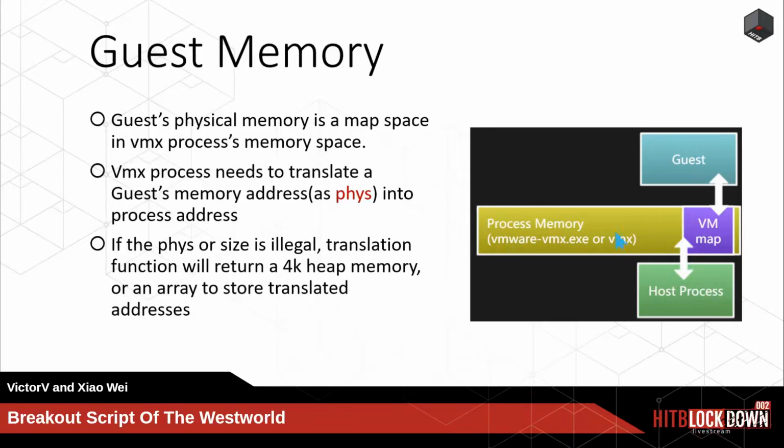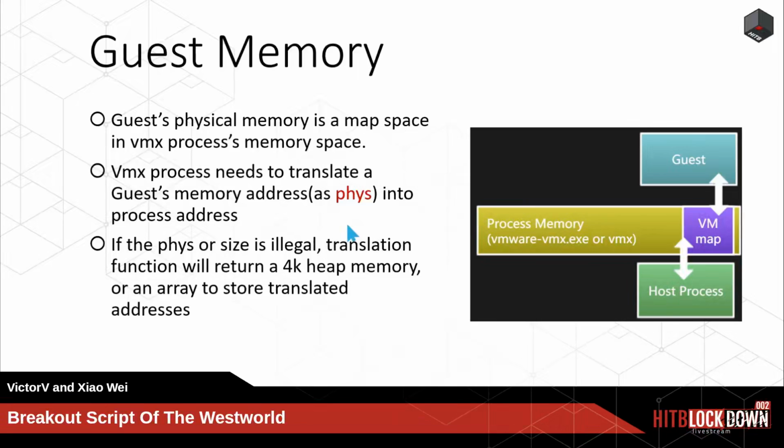In this picture, the guest system can access WebMap directly, but the VMX process needs to translate a guest physical memory address into a process memory address if it wants to access WebMap.